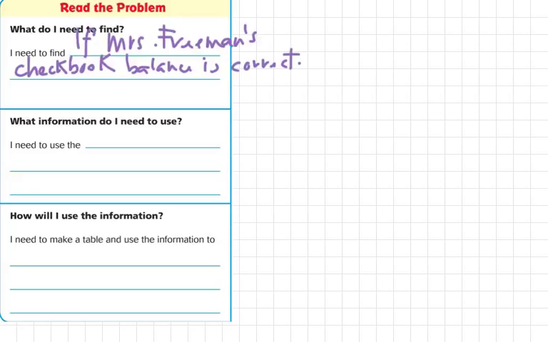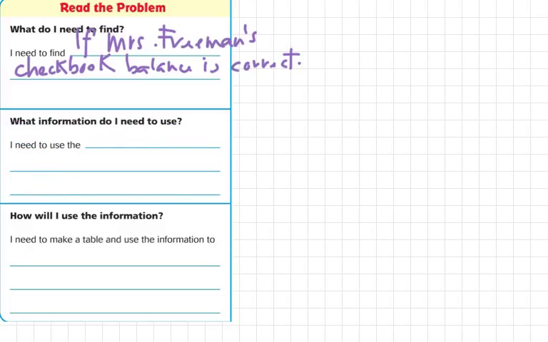So first we read the problem. What do I need to find? Well, boys and girls, I need to find if Mrs. Freeman's checkbook balance is correct. That's what we need to find because that's what it's asking us to make the table for. Second, boys and girls, in our next box, what information do I need to use?